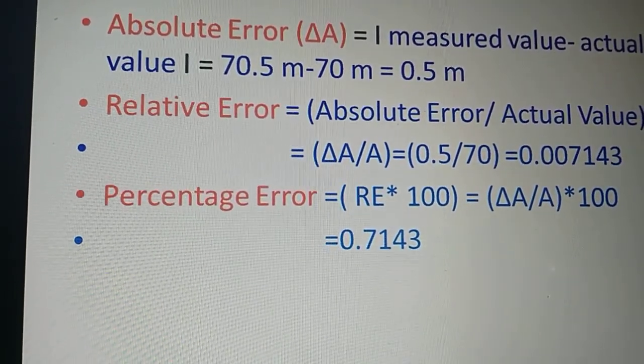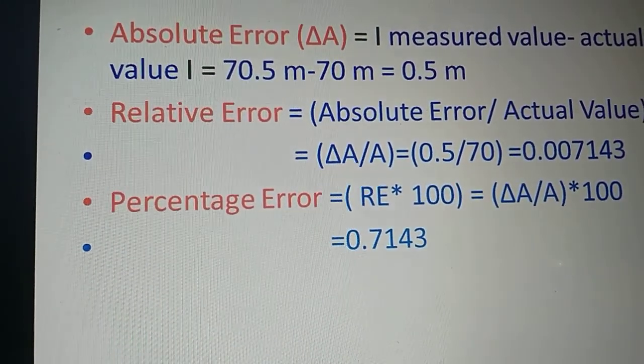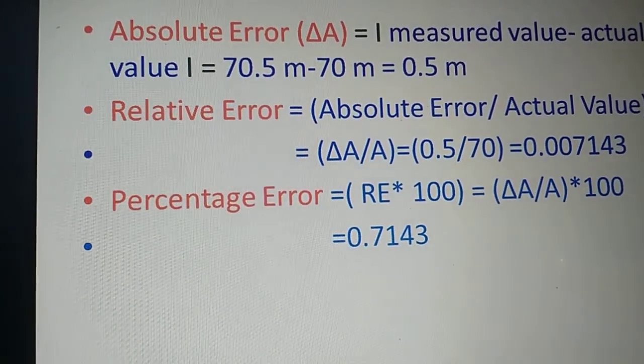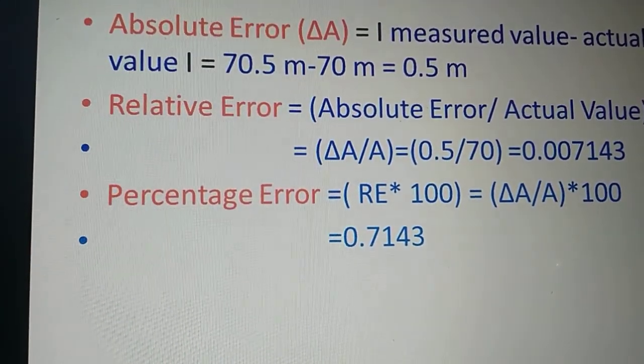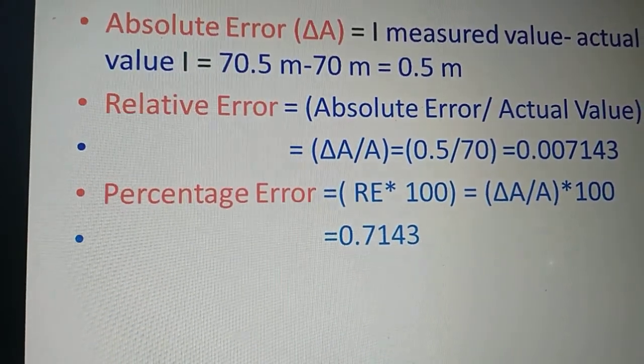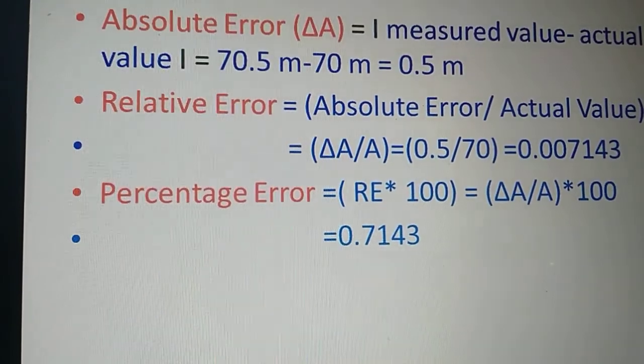Though in some calculations you will get the absolute error as a negative value, you should write the absolute error as positive because you are taking the mod. Please be careful about the absolute error. These are very important errors.